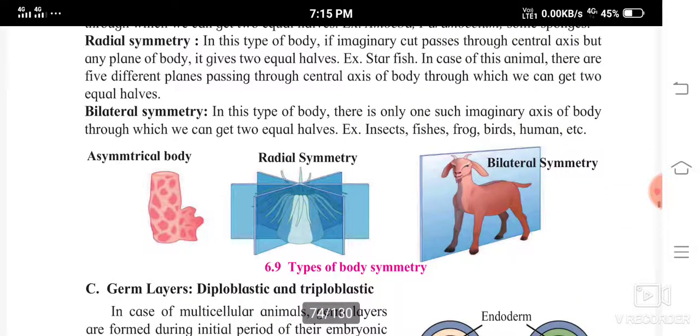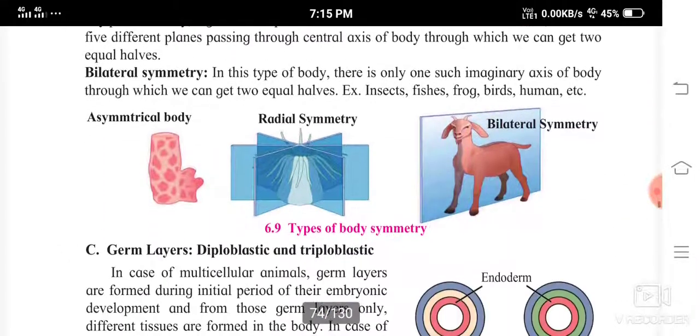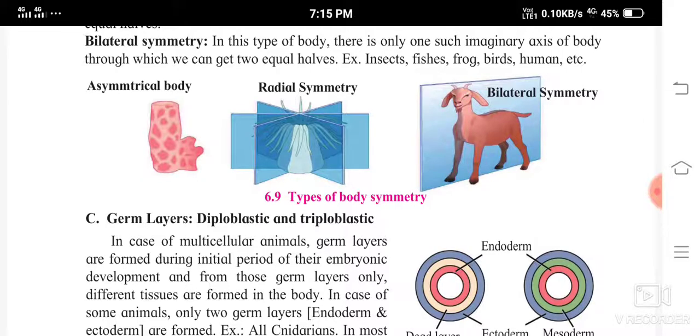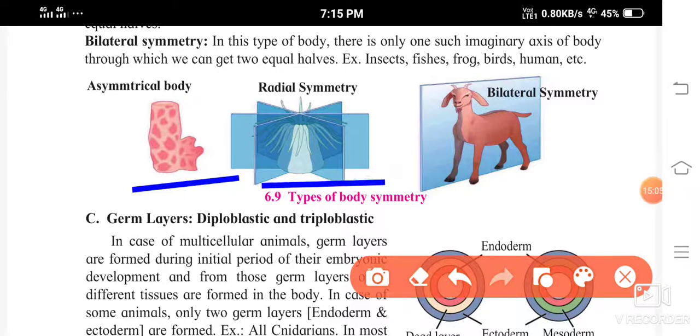So that is bilateral symmetry. Now for asymmetrical bodies, you can see some of the examples given here. This is radial symmetry in the case of starfish, and bilateral symmetry in human beings.